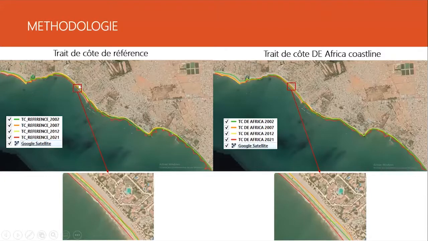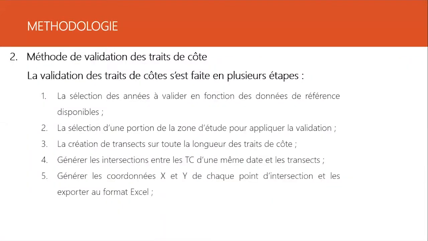This is Saly Portudal, and we have those shorelines from 2002 and 2021. Here are the coastlines that we have generated, and we are asking ourselves, how shall we validate this data set?